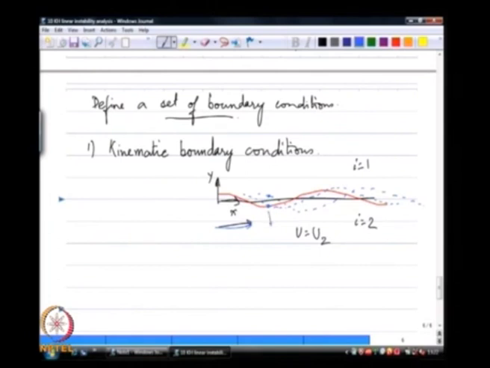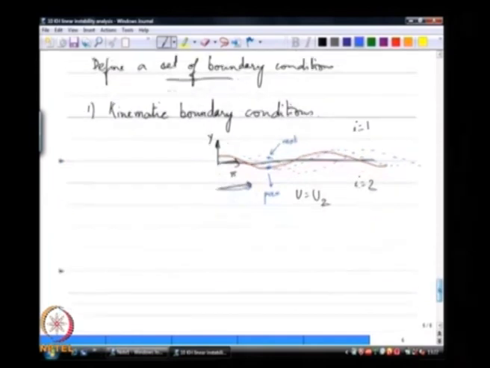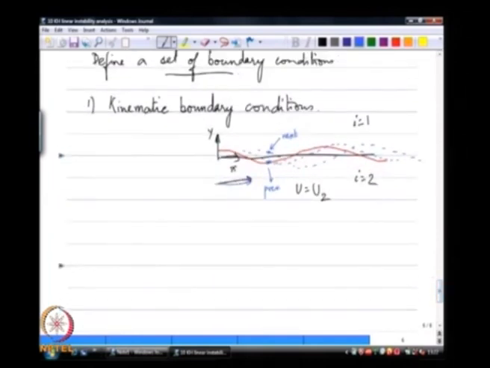This is the previous time position, this is the next time position. Now, as the wave reaches its crest and comes back down, this particle which is at that free surface is only going to go up and down.